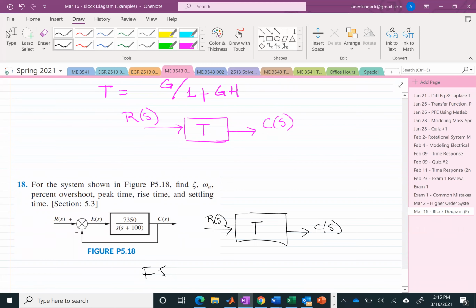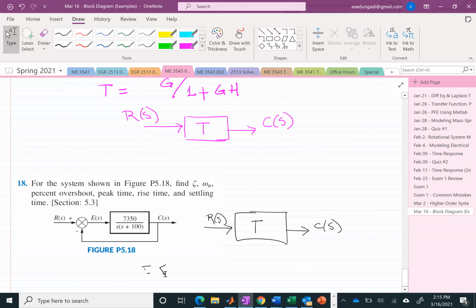You're talking about this problem here, this capital E? Okay. Well, capital E is just a signal. It's not a transfer function. It's just a signal. All right, thank you.